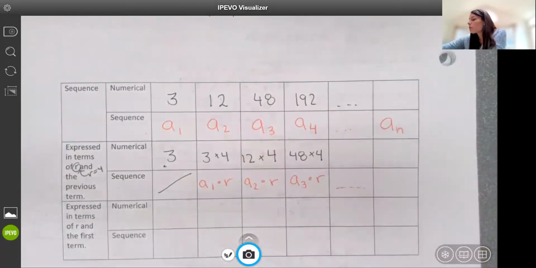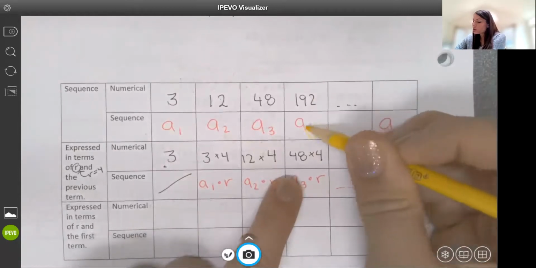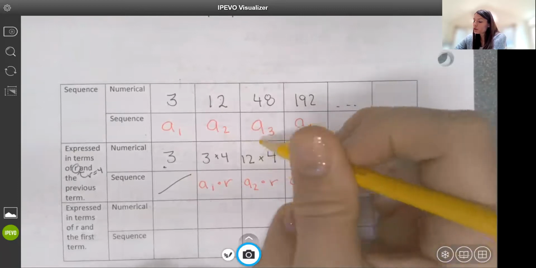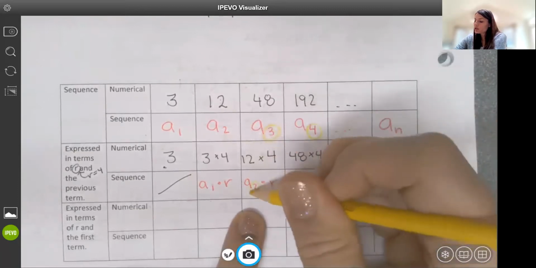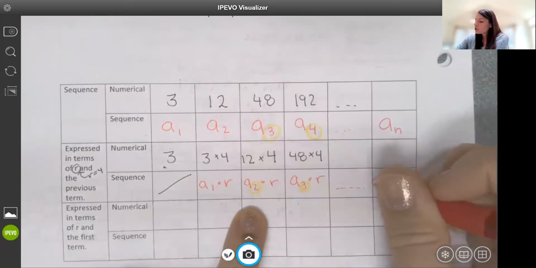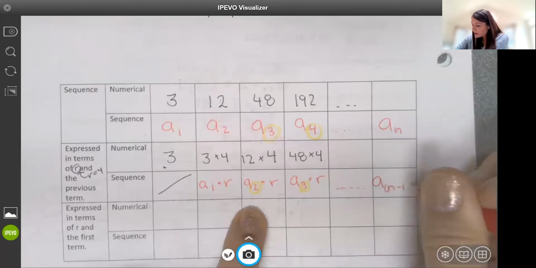And what you might notice is that for 192, which is the fourth term, I'm using the third term, the term before it, times my ratio. For the third term, I need to use the second term times my ratio. So in general notation, we can say a sub n equals a sub n minus 1 times r.